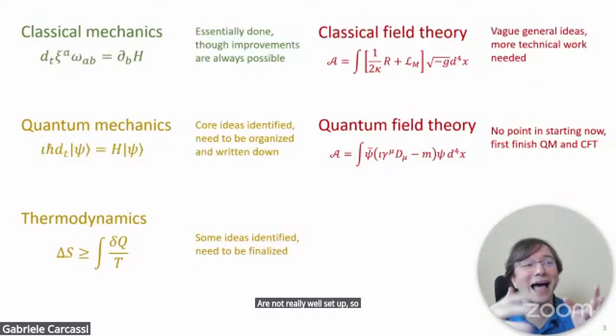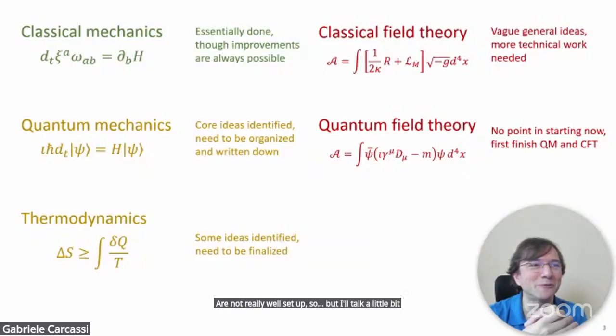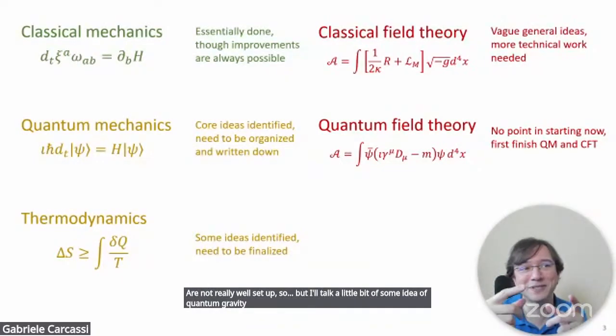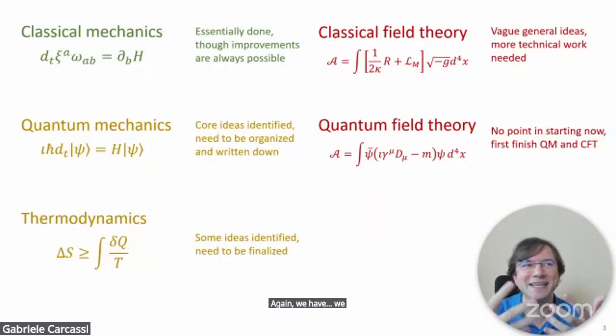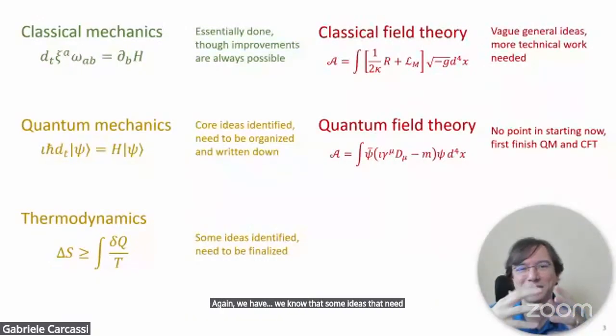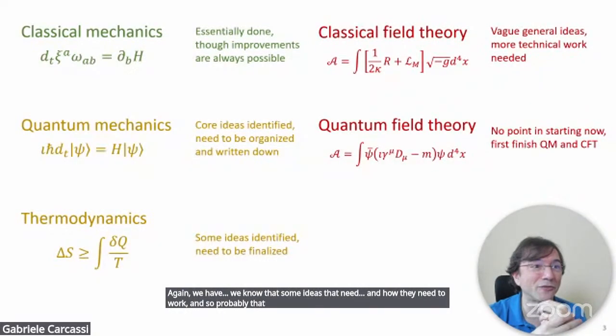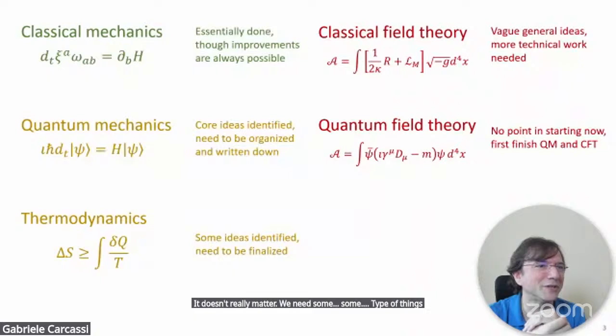But I'll talk a little bit about some ideas of quantum gravity still, because we know some ideas and how they need to work, and so that extension is probably the obvious thing. Whether it gives you quantum gravity or not doesn't really matter. We need some type of things to close the arguments.